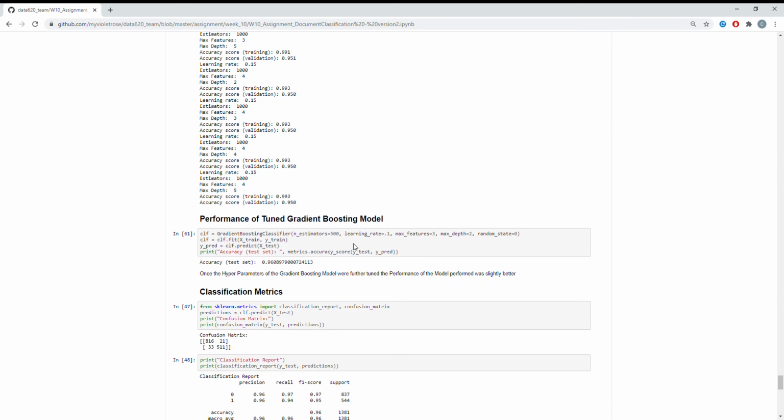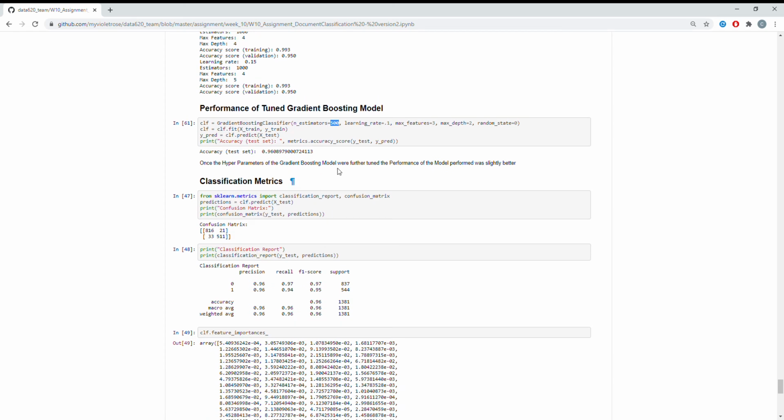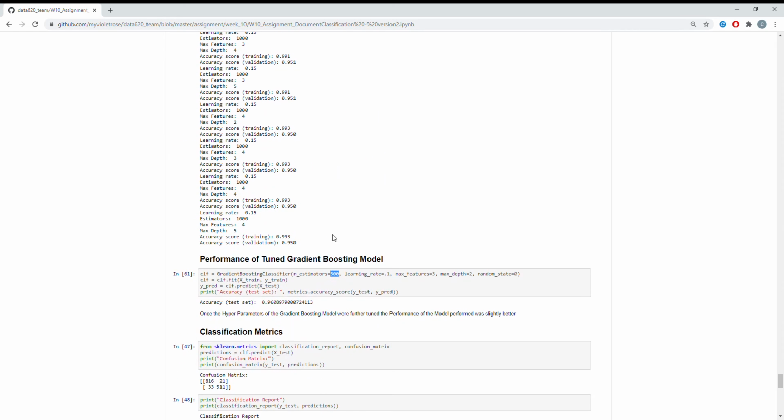And so that's the one I ended up picking. 3 features for the max number of features, 2 for the depth, 0.1 for the learning rate, and 500 different trees. And gradient boosting models seem to do really well. They build off of each other in a recursive way, each time correcting for the residual error that was left over in the remaining tree.